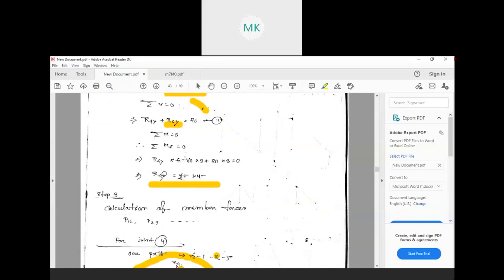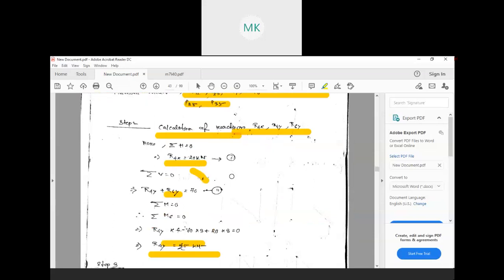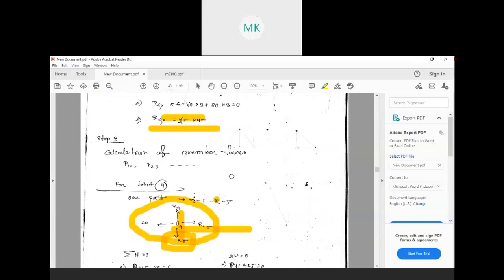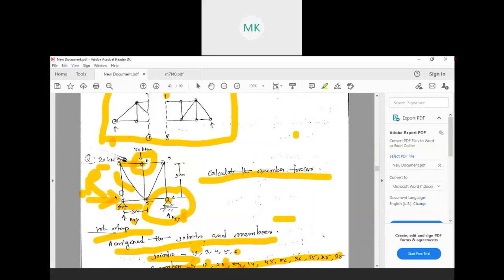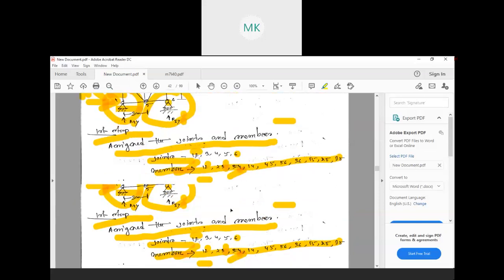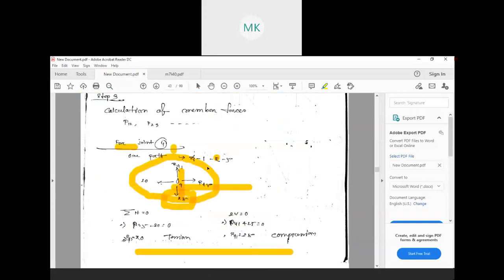After that, we need to consider one joint at a time. As you have seen, we start from joint 4. First we consider joint 4, then draw the free body diagram showing the loads and the members connected to it.